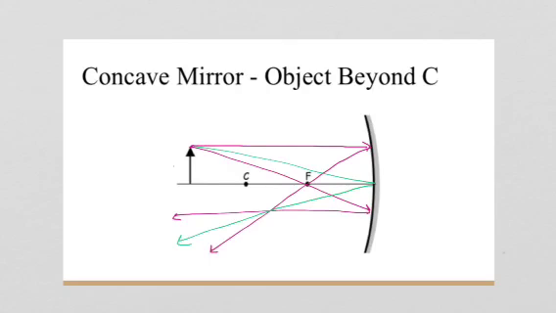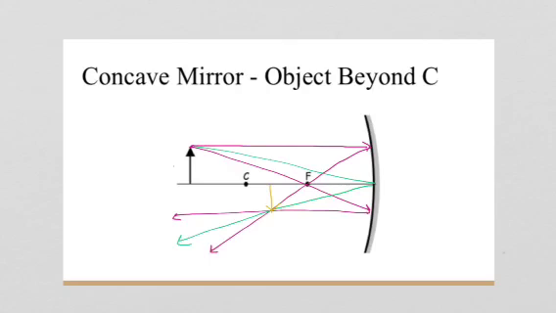Now, of course, you would be doing this with a straight edge and not with a big stylus on an iPad. So we can imagine that our image is located here. With all of these, the bottom of the image is located on the principal axis, and any reflection from there would intersect along the principal axis, so we know that this image is upside down.